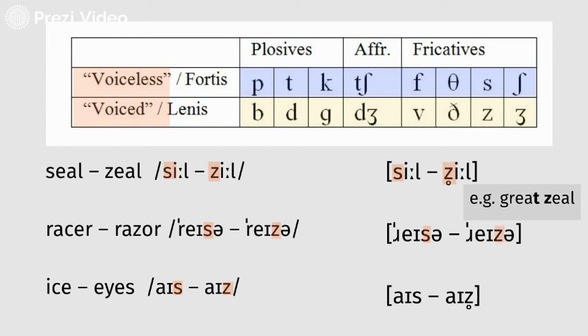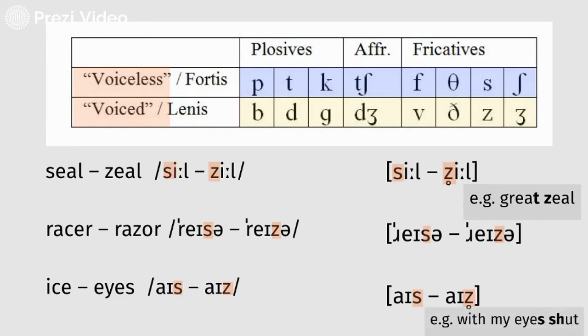There is no devoicing of the lenis fricative z in razor because it appears in the voiced environment between vowels. The lenis fricative z in eyes, the plural ending of the word eye, can become devoiced in actual speech.